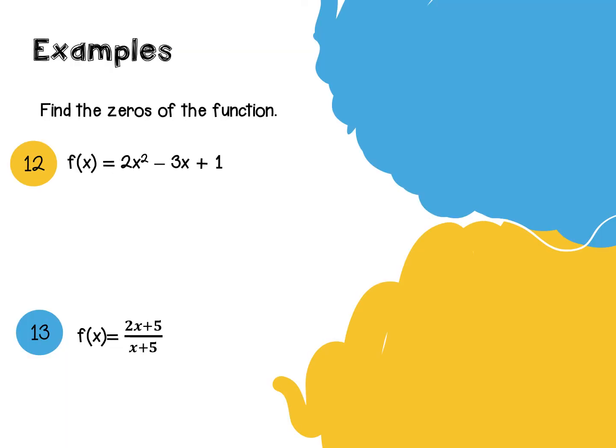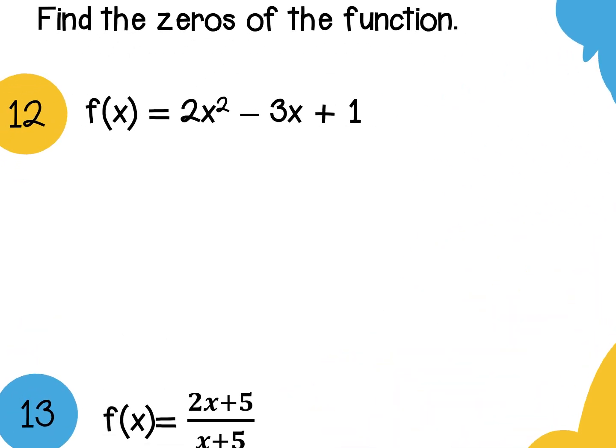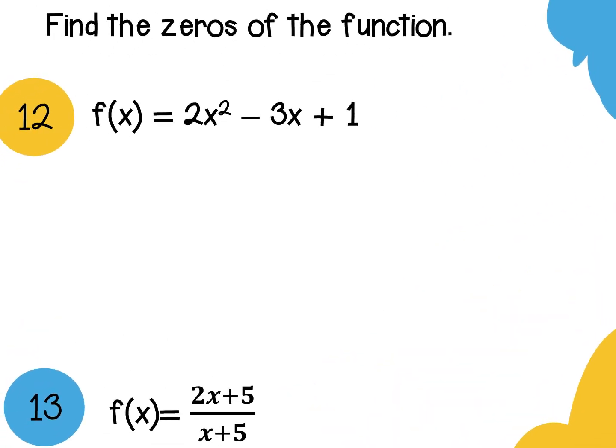So it says find the zeros of the function. For 12, I'm going to replace f of x with 0. And then you have to figure out how to solve because they're all going to be a little different. What would you do here? You could do quadratic. Could you do anything else? First and last. So 2 times 1 equals 2.